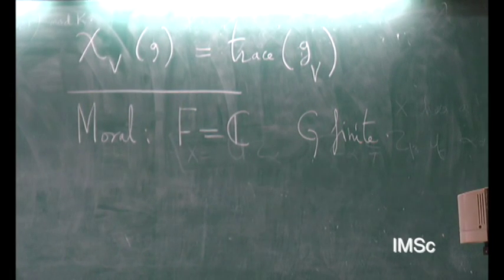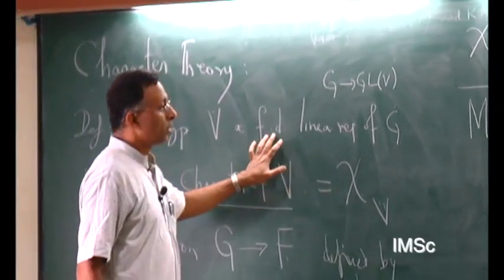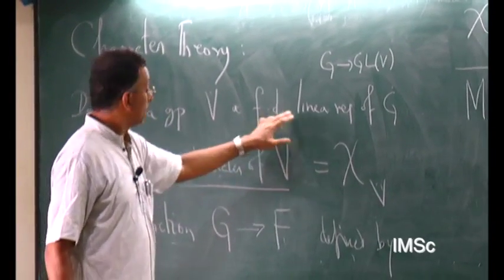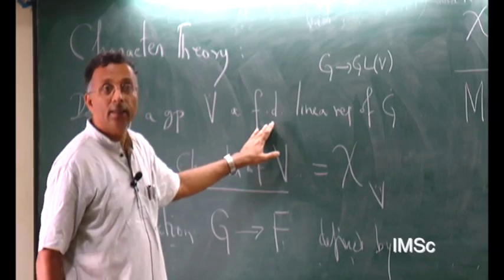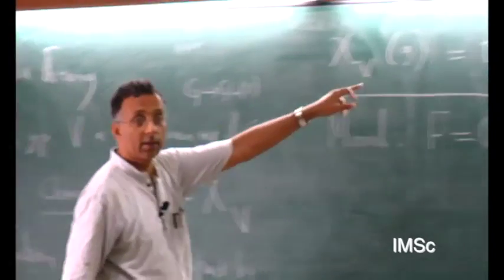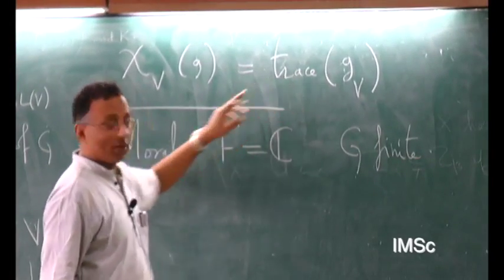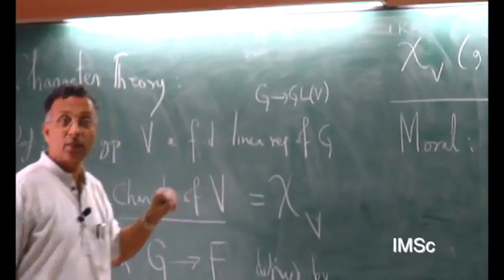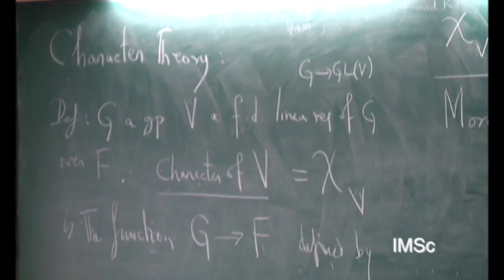So the group is assumed to be finite. Here we assumed the group need not be finite, but to make sense of this, you assume that the linear representation was finite dimensional.